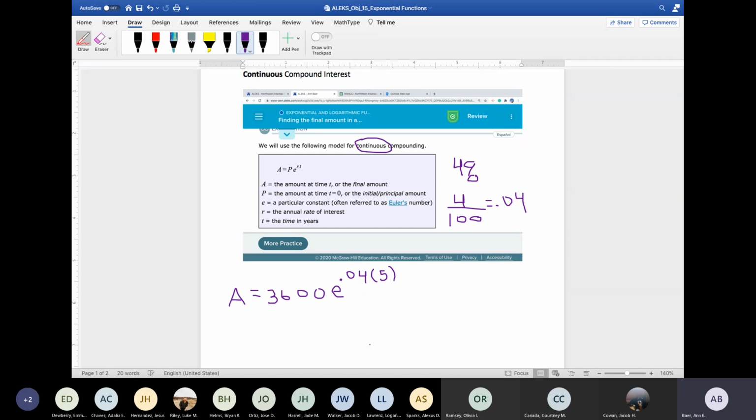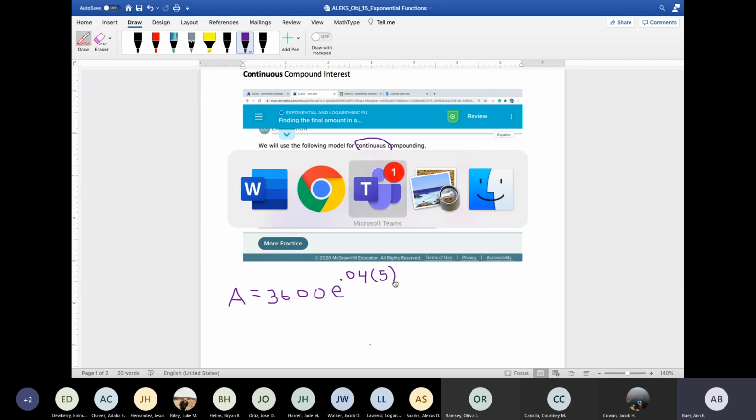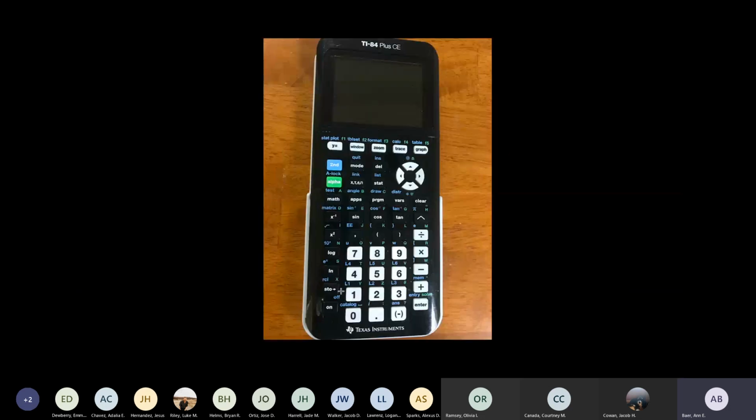So let's talk about E a little bit. E to the X is in the first column here. Go up to the third button from the bottom. That's the ln, the natural logarithm. It's actually the inverse of e to a particular power.